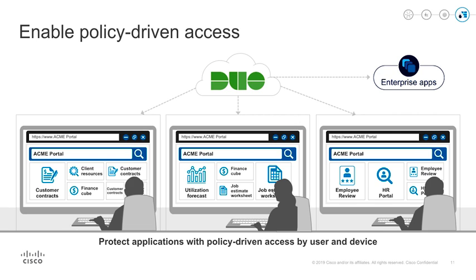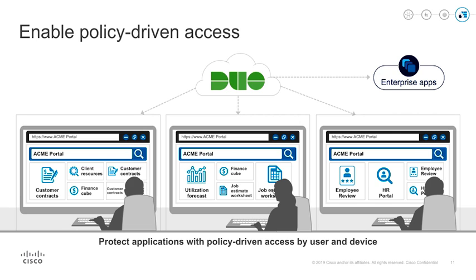For example, workers in finance and HR will have different access permissions, but neither will see what they don't have access to. This policy-driven access gives organizations the ability to protect their networks by ensuring users and devices have access to the apps and information needed to do their jobs, and no more.